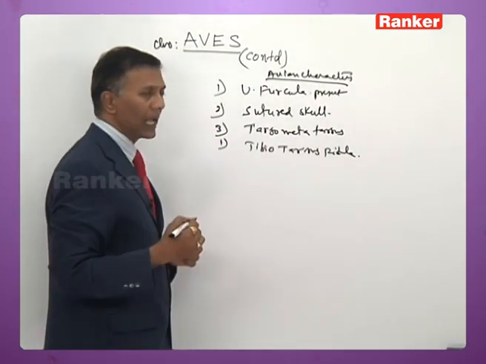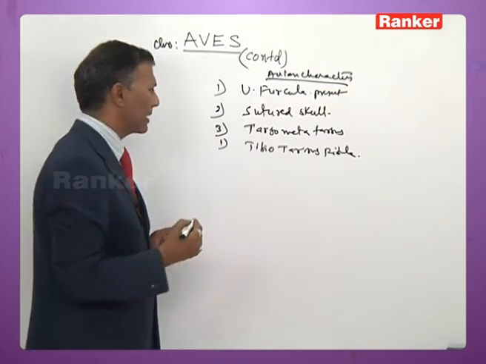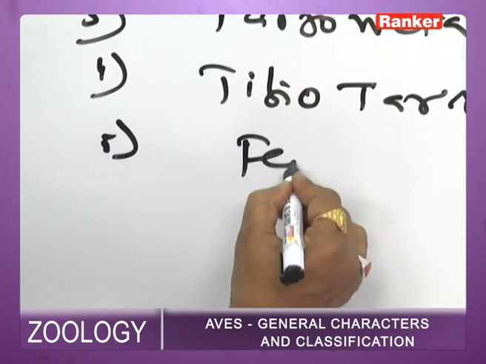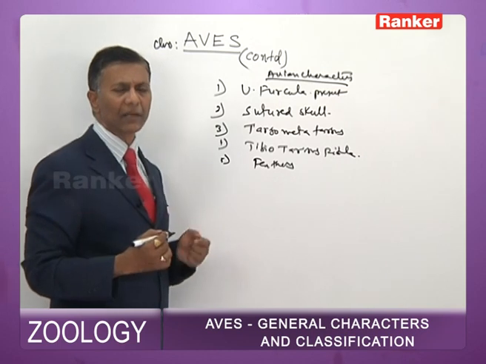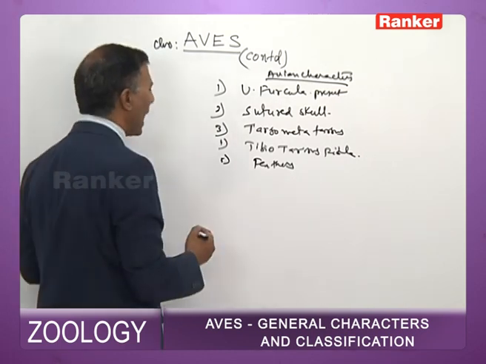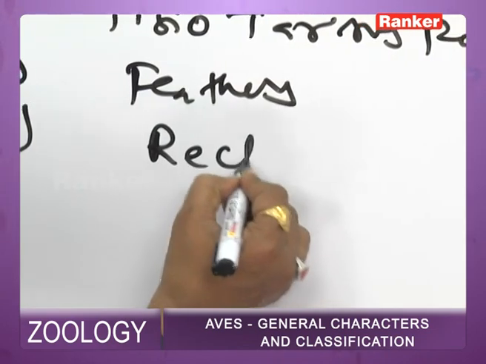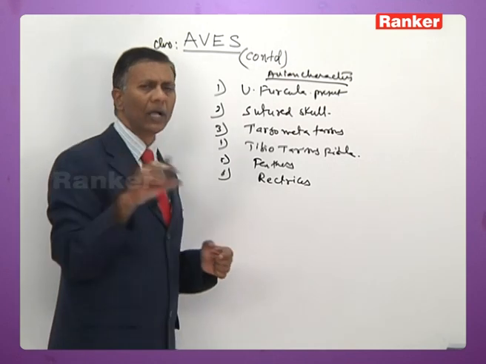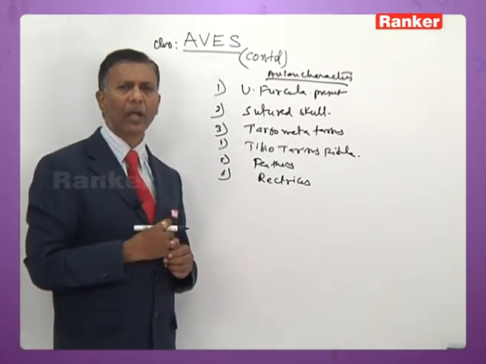Tibio-tarsus fibula and tarso-metatarsus are present, like birds. Then presence of feathers all over the body. Andreas Wagner could notice even the rectrices, arranged in 2 rows on either side of the long tail.